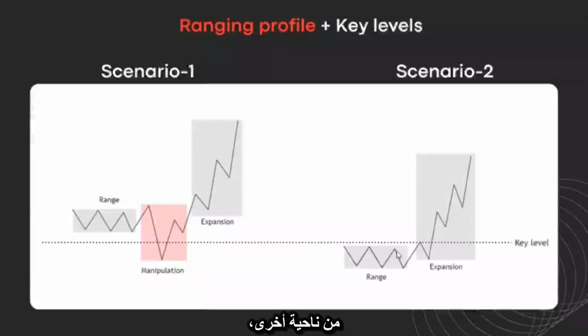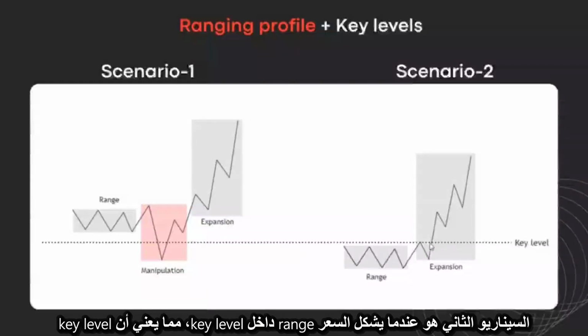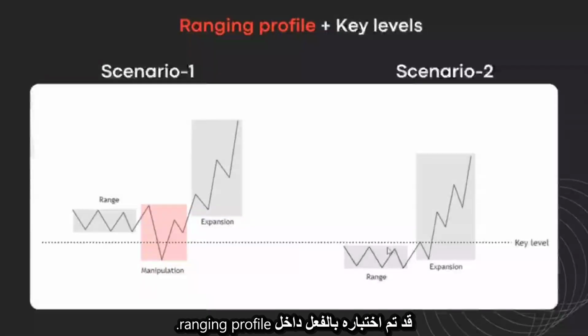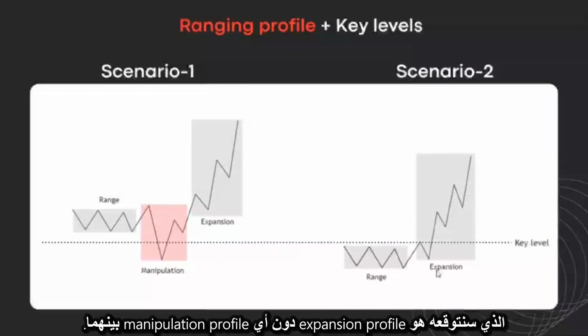On the other hand, the second scenario is when price forms the range inside a key level, meaning the key level has already been tested inside the ranging profile. In that case, the market profile that we're going to expect is an expansion profile without any manipulation profile in between.